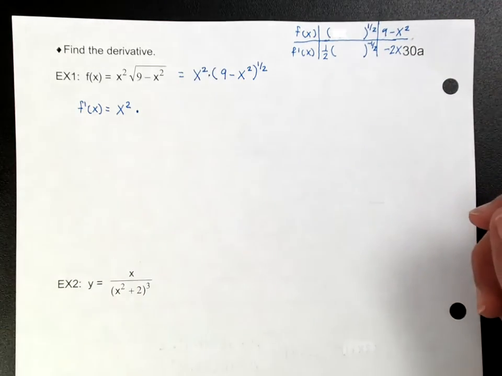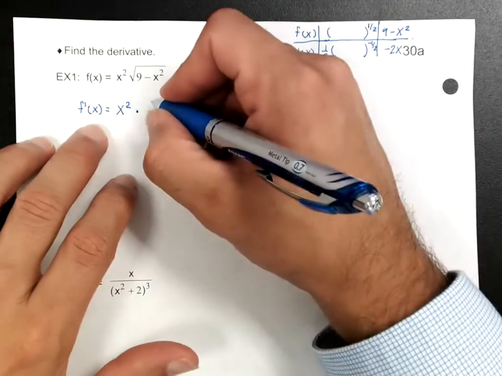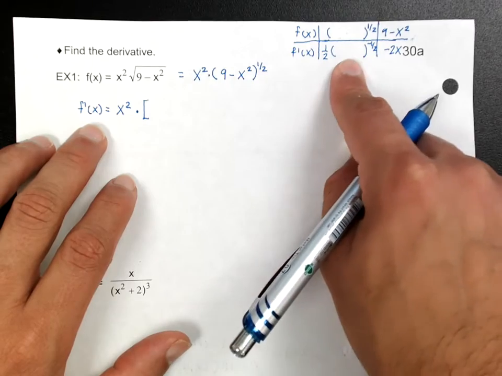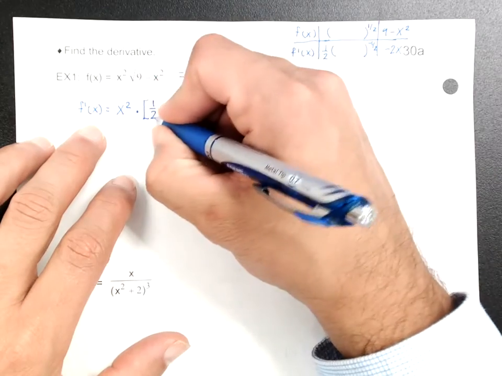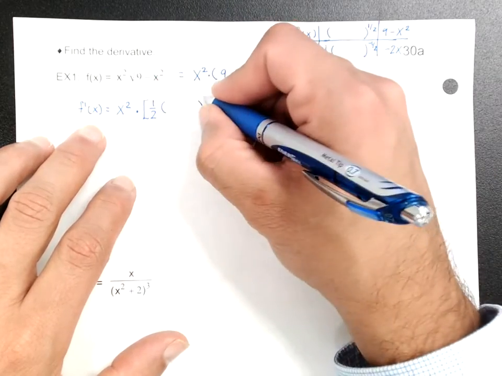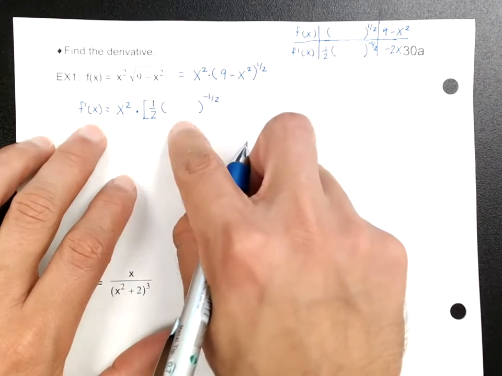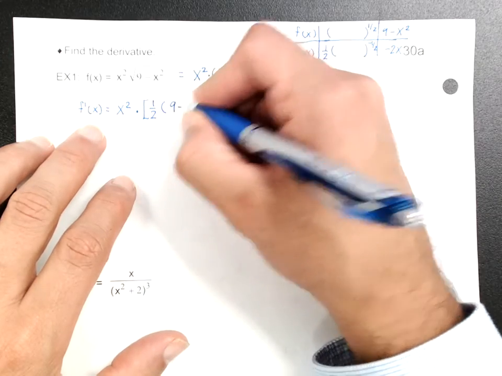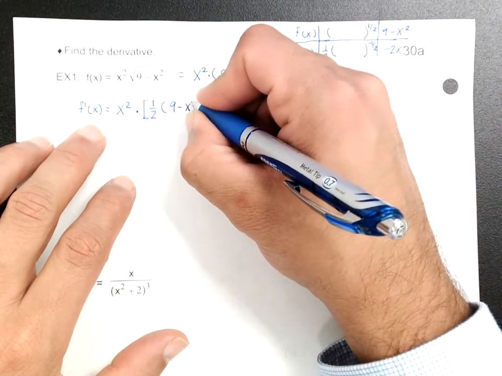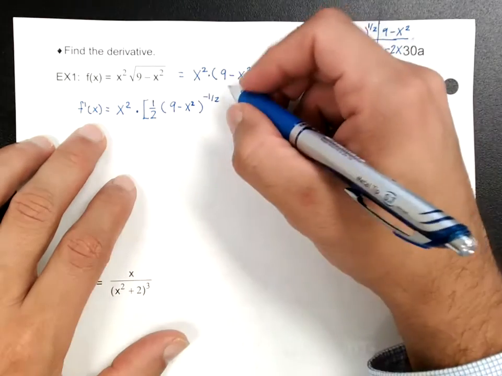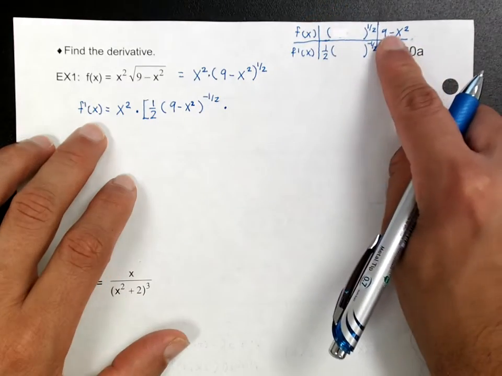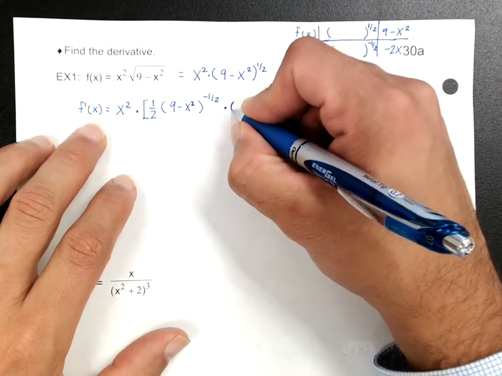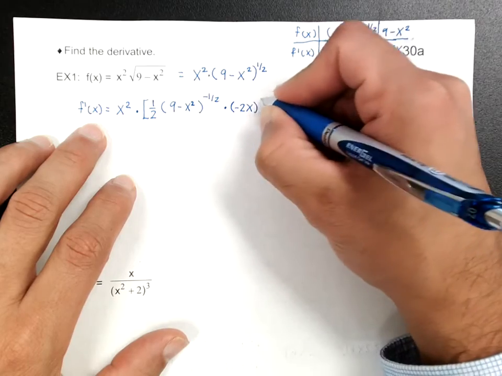Remember, the chain rule says it's the derivative of the outside, which is 1/2, that quantity to the negative 1/2, and what goes inside here is this original part, which would be g of x if you're looking at the formula, 9 minus x squared. Okay? Times the derivative of 9 minus x squared, the inner part of the function. So we have times negative 2x.